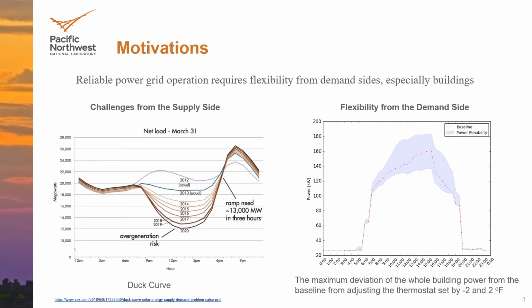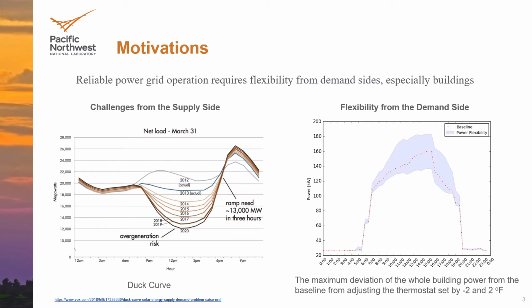Let's start with motivation. It's becoming more and more clear that reliable operation of the power grid requires reliability from the demand side, especially buildings. As shown in the left figure is the famous duck curve. A duck curve describes the demand of a power grid with a high penetration of photovoltaic power generation.